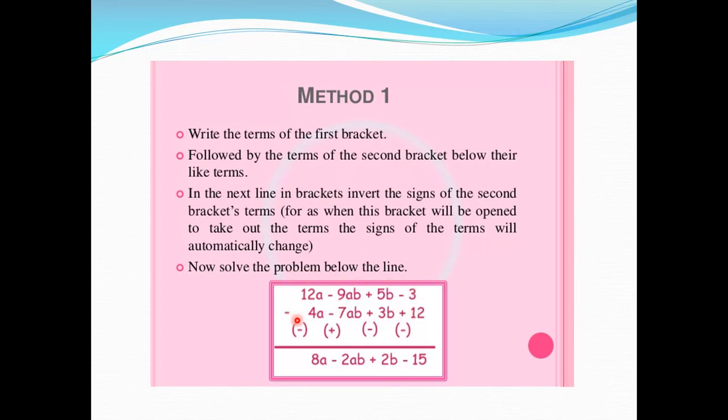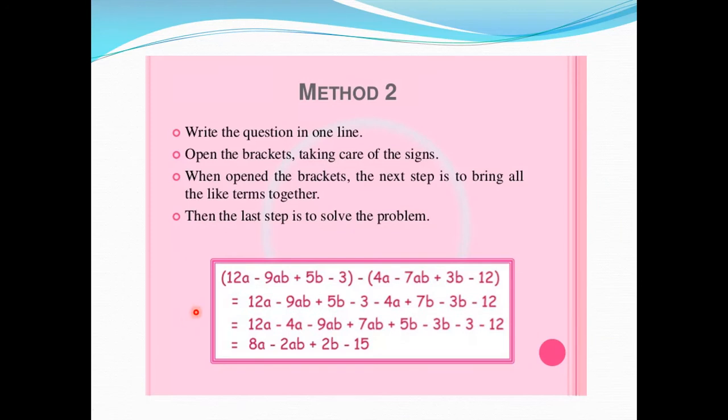This was plus, so plus minus is minus, so 12 minus 4 is 8. Minus plus minus, so 9 is greater than 7, you have to subtract and keep the negative sign. Now plus minus minus, so 5 minus 3 is 2, and minus minus plus, so you will add but keep the sign minus, because the 12 was first positive but has now changed, so it will come negative. This is your second method.